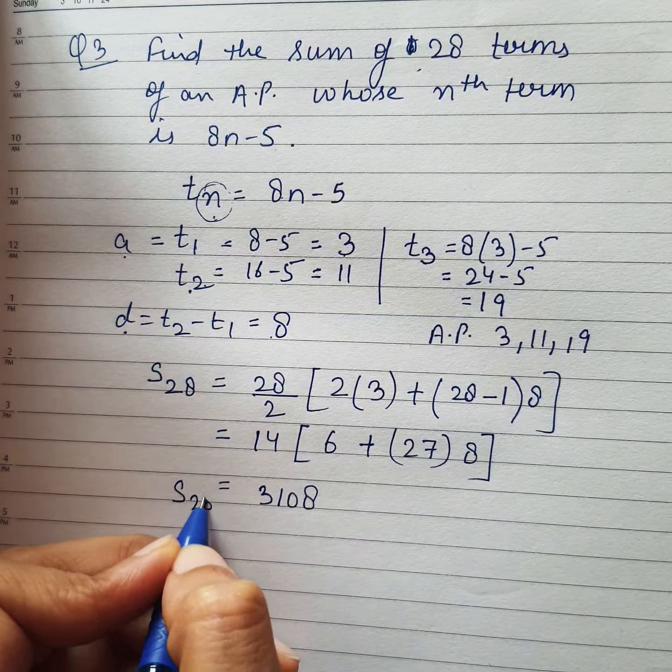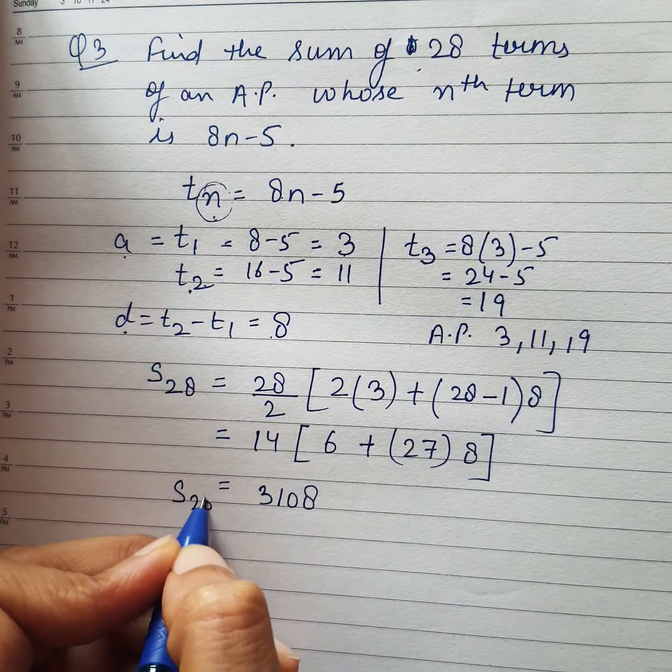Next question 5. Find the sum of first 51 terms of an AP whose second and third terms are given, that means T2 is 14 and T3 is 18. So this is a plus d and this will be a plus 2d. Applying the elimination method, we will solve for the values of a and d. I am not solving, I am just writing the outline of the question.